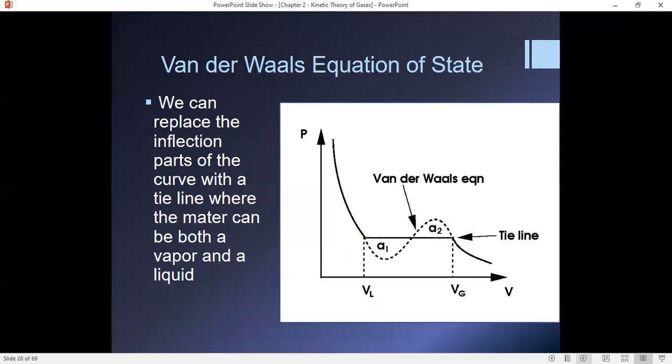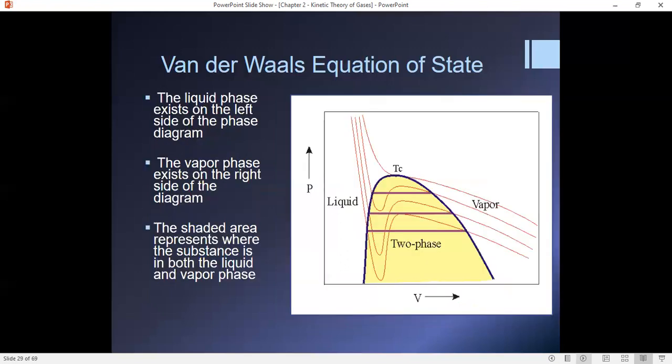And if we graph with this alteration right here, what we get is a much more complicated phase diagram. Now let me just show you what's going on here. Up in this upper right-hand corner, we basically have a gas. It follows pretty closely to the ideal gas law.